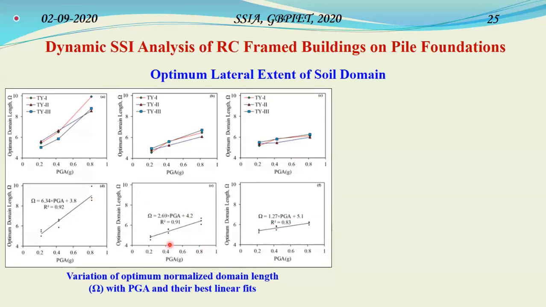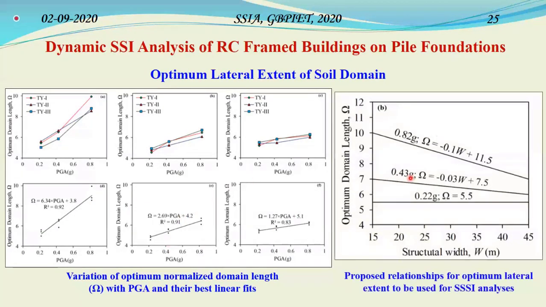We clubbed all this together to finally give a very robust and novel proposition for the optimal domain length to be selected for numerical modeling for various structural widths, which depends upon the magnitude of PGA being considered.